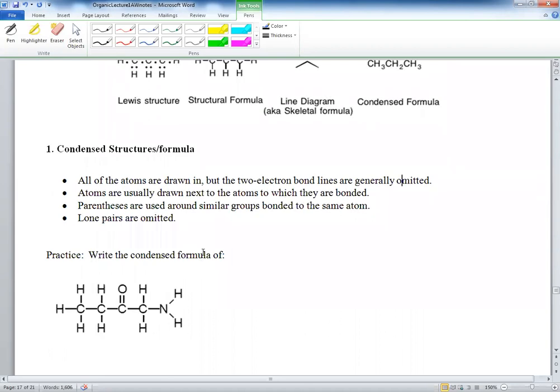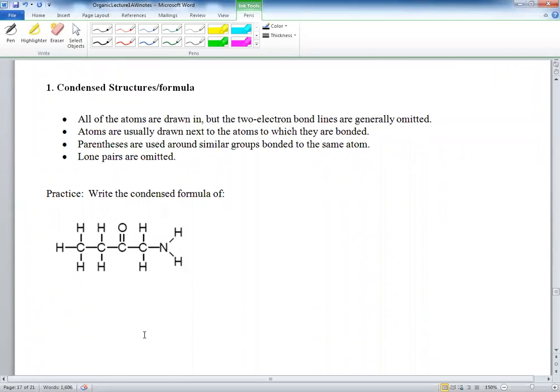So let's actually show you the condensed formula for this structure right here. All right, so start from the left with C. You always start with C. So this C right here, first carbon, let's say, has 3 H's on it.